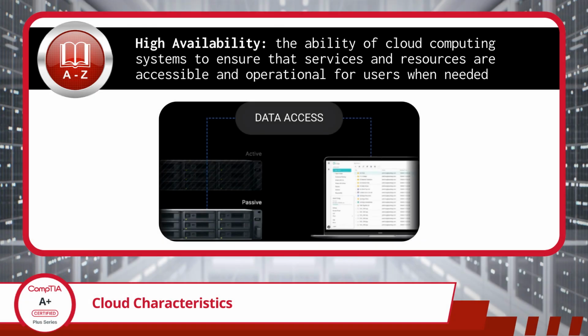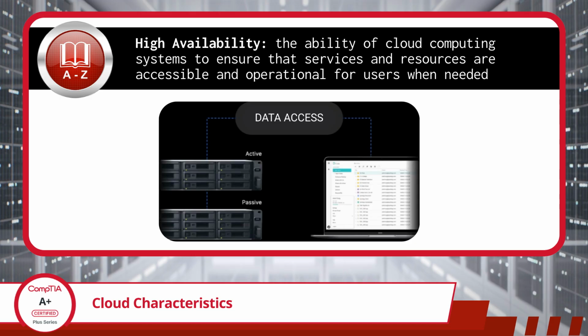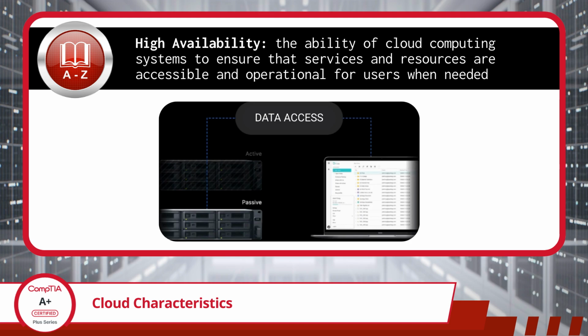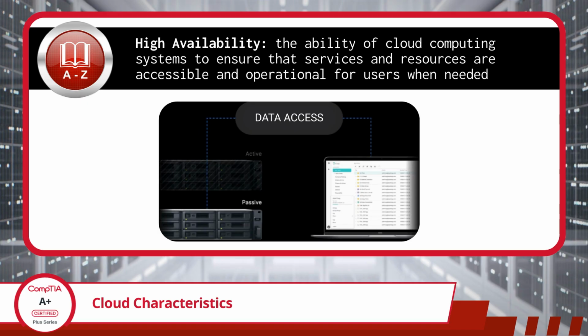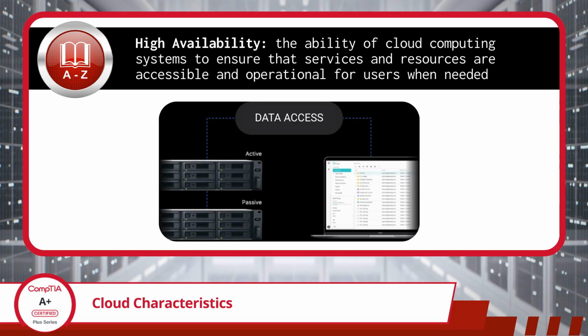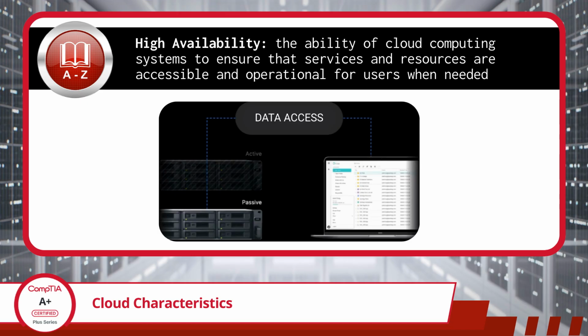High availability refers to the ability of cloud computing systems to ensure that services and resources are accessible and operational for users when needed, typically through redundancy and fault tolerance. Cloud providers implement redundancy and fault tolerance across their infrastructure to minimize downtime and ensure continuous availability of services.